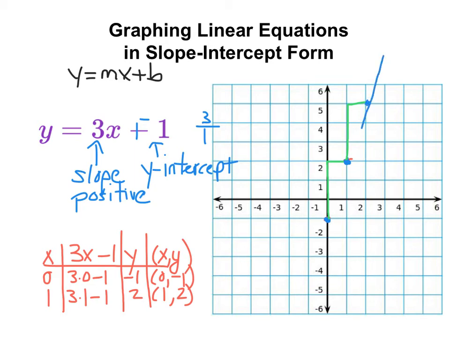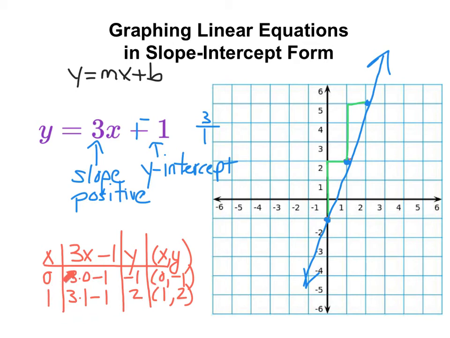I'm going to connect my dots, and there is my equation of the line. Notice the two points, (0, -1) and (1, 2), are the same points that I got by doing out this table.